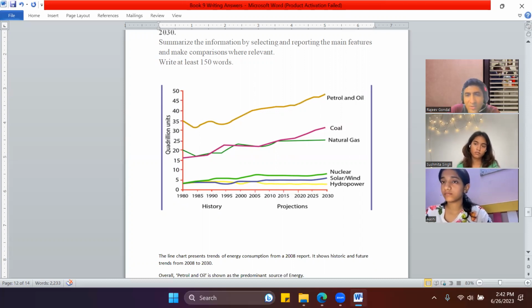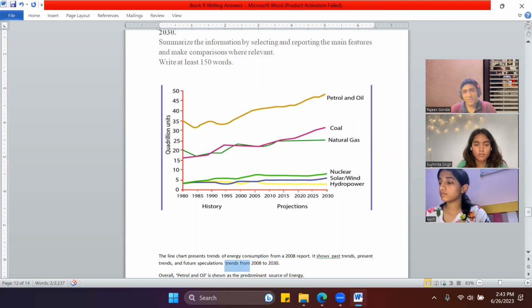You can say it like this also: it shows past trends, present trends, and future speculations, from 2008 to 2030, right?